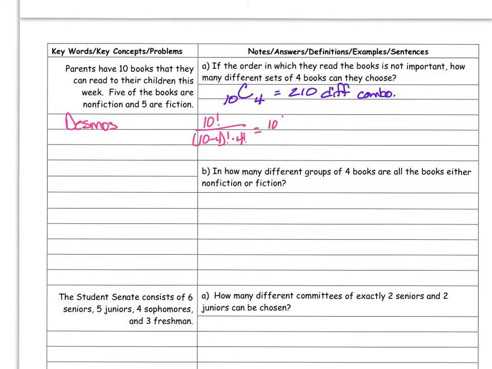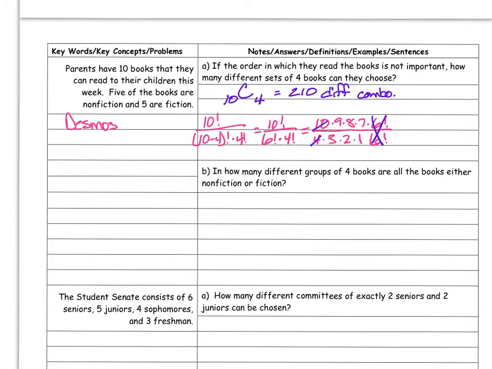Which gives me 10 factorial over 6 factorial times 4 factorial, which is 10 times 9 times 8 times 7 times 6 factorial. And then I have my 6 factorial, and I have 4 factorial, so it's 4 times 3 times 2 times 1. Okay, so the 6 factorials go away.